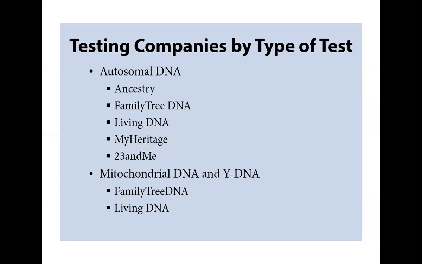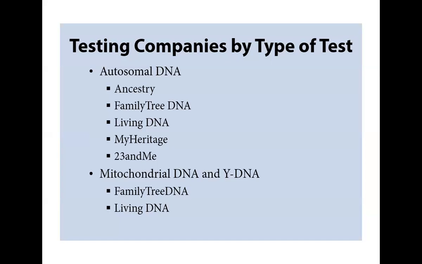If we break down the different companies by type of test, all five of these do some type of autosomal DNA. Some of these may involve a cheek swab, or you give a saliva sample and spit in a tube, and you can get your autosomal DNA tested.